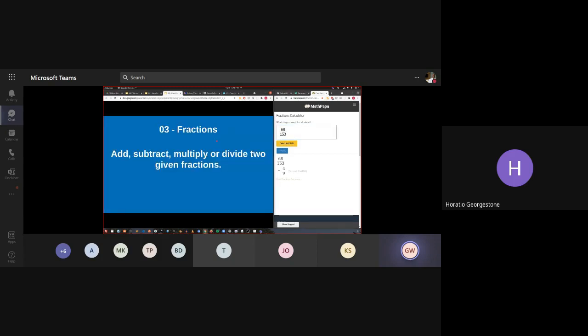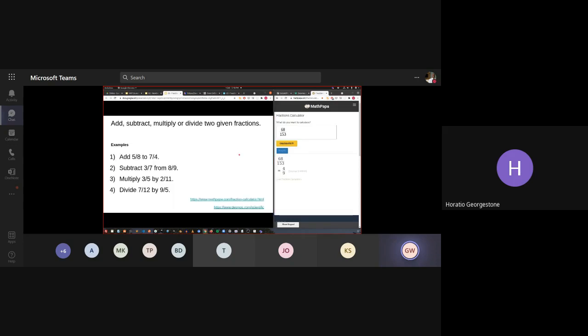Okay, adding, subtracting, multiplying, or dividing two given fractions, again, is super easy to do on a calculator because you just put in the fractions, and so this first one we need to add, and we just calculate, and then we get the answer, 19/8.